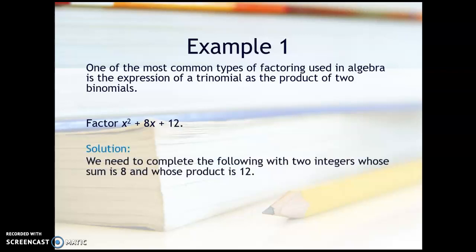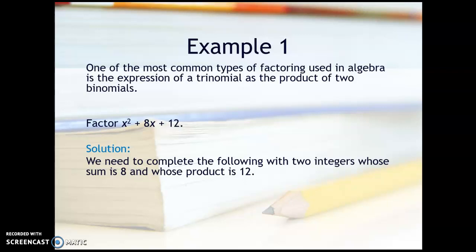What we want to think about is the fact that we know that first times first has to equal x squared. So that means that what's first in one binomial and in the other binomial is going to be x, because x times x is x squared. We also know that when we do last times last, it's going to equal that number 12. So we need to find two integers that multiplied together equal 12.